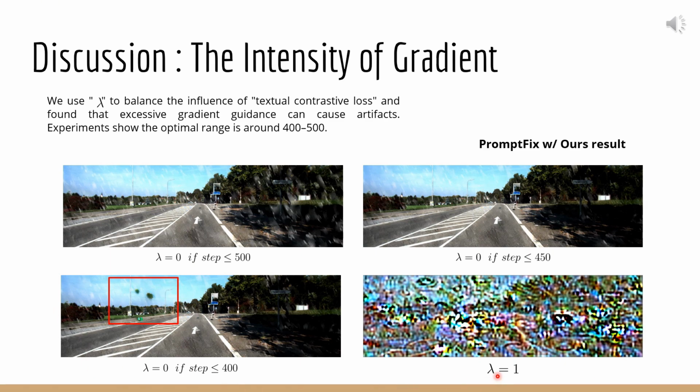On the flip side, if the guidance is too weak, our method's impact decreases, leading to poorer restoration performance. Through our experiments, we found that setting lambda to 0 during time steps between 400 and 500 provides the best trade-off between quality and artifact control, resulting in the most stable and optimal outcome.